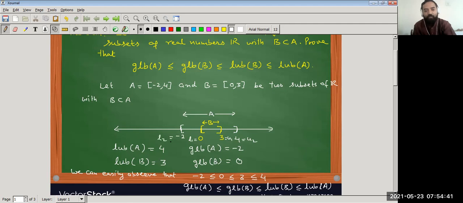Now we try to prove this result by using u1, u2 and l1, l2. If you understand this example, then I think the proof of this theorem becomes very easy.